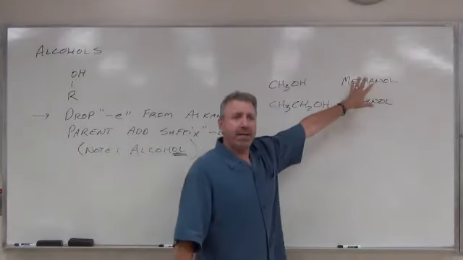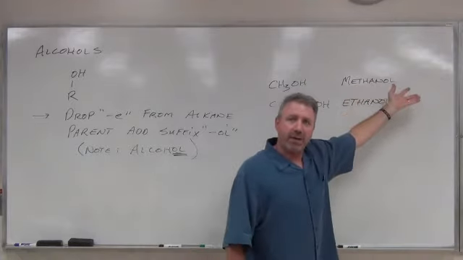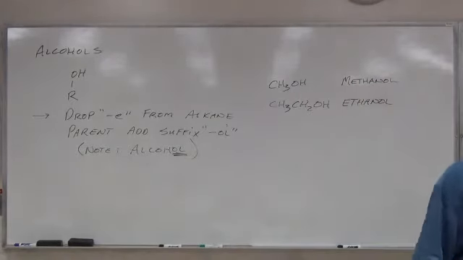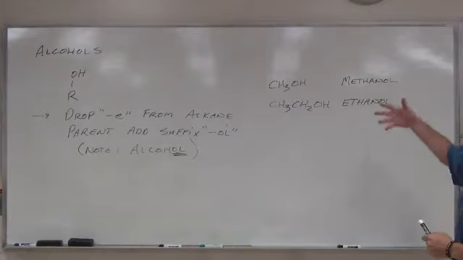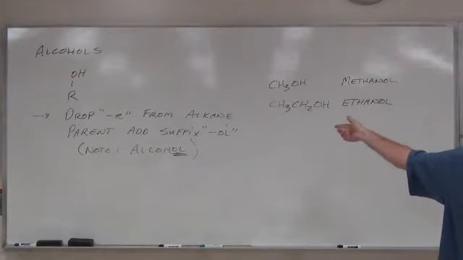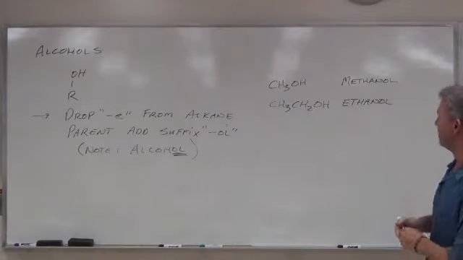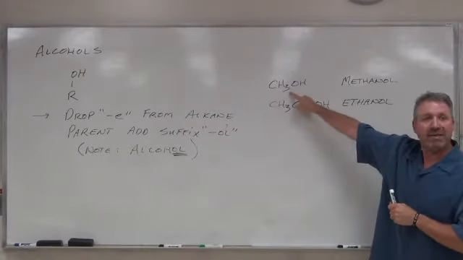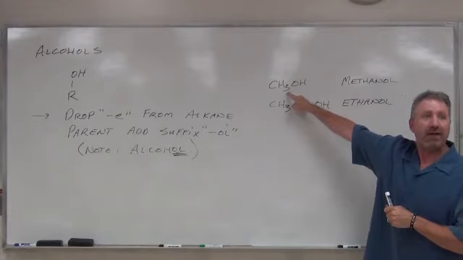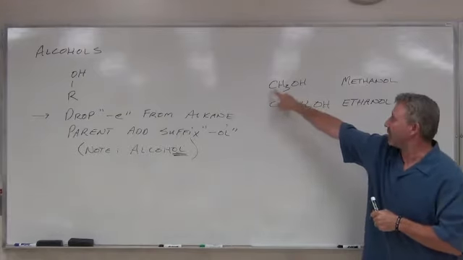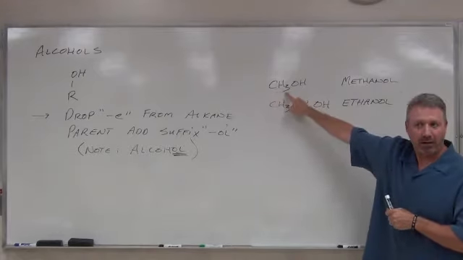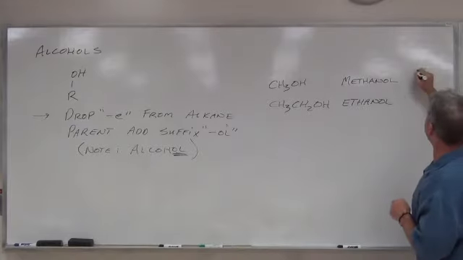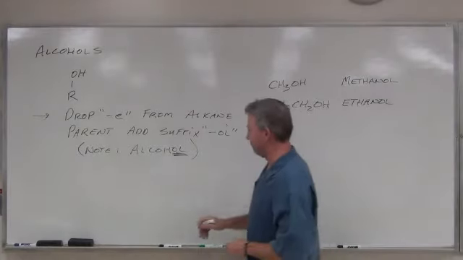There are common names. This is IUPAC. We're using IUPAC procedures for all of our naming. But there are common names associated with most of these. And the common names use the name of the alkyl portion and then follow it with the word alcohol. So this would be methyl alcohol. That's the common name. And I didn't give myself enough room.